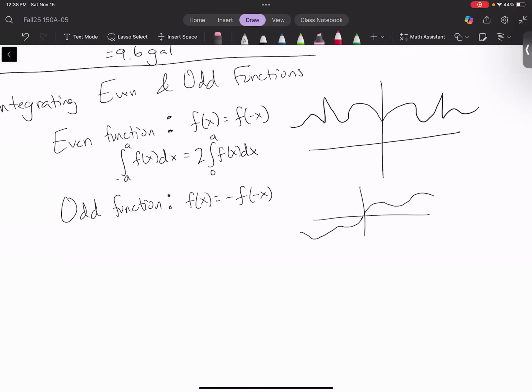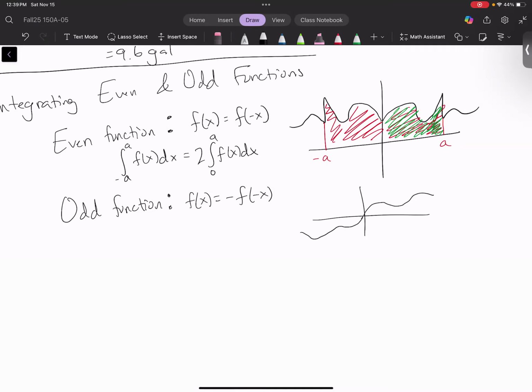If you notice here, if I pick a spot, I'm integrating from negative a to a. This integral in this section is just double the integral on the right-hand side. If I take that green area and double it, I'll get the entire red area.